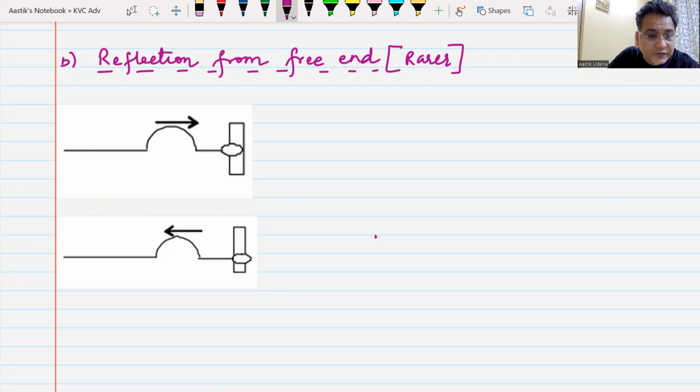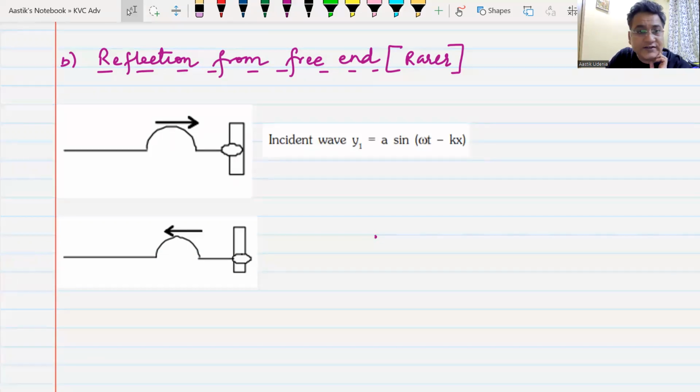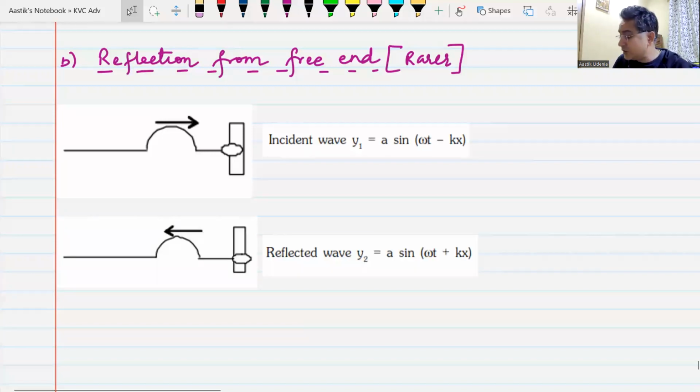So if your incident wave is y equals a1 sine omega t minus kx, your reflected wave will simply become y equals a sine omega t plus kx.